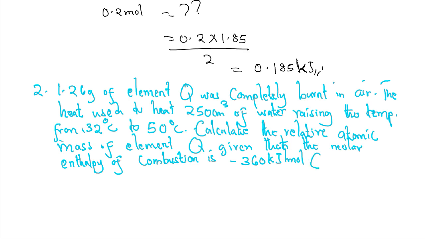In brackets, density of water is 1 gram per cubic centimeter, and the specific heat capacity to be used is 4.2 kilojoule per kilogram per Kelvin.